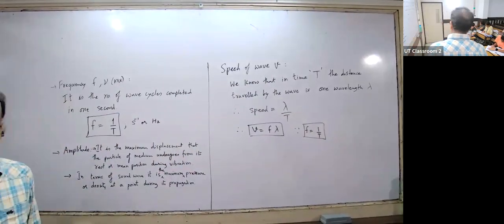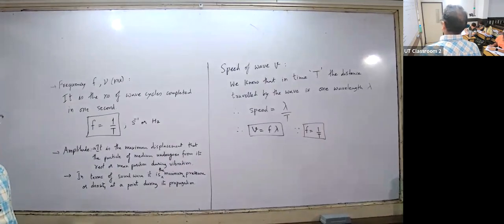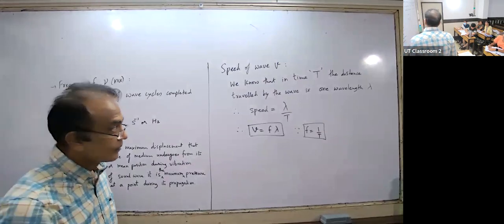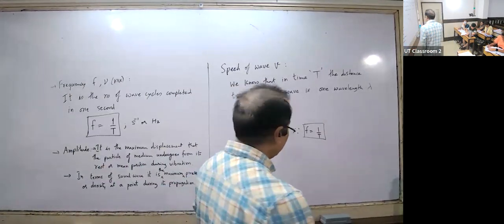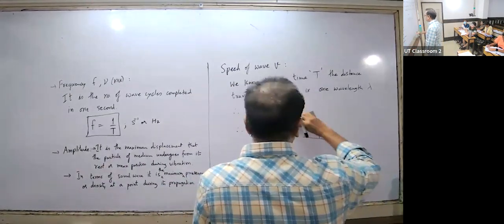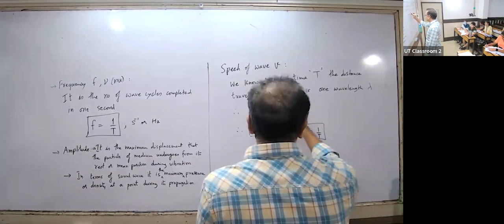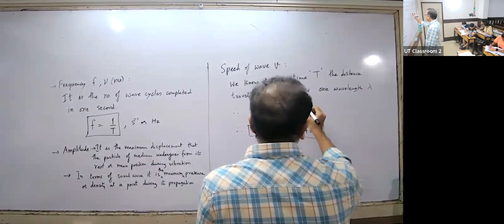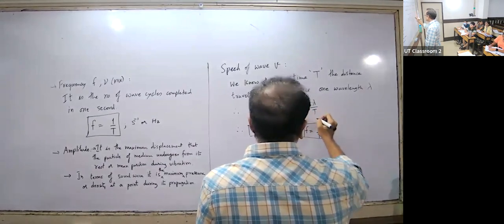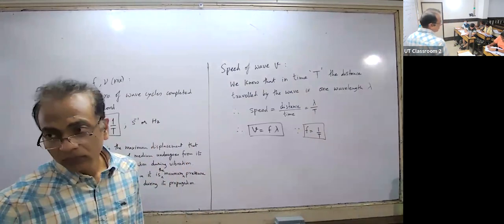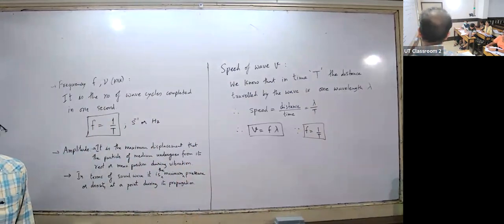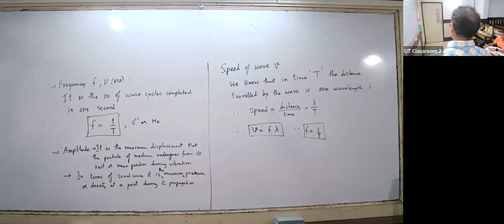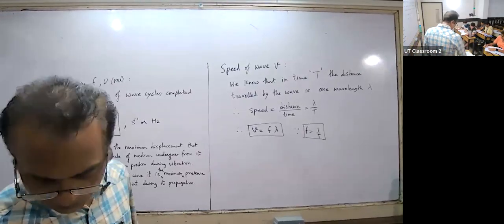So this is the formula for the speed of a sound wave. So you can write speed is equal to distance upon time. So distance is lambda and time is capital T. And what is 1 by T? f. This is all.